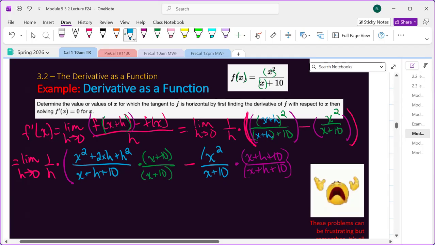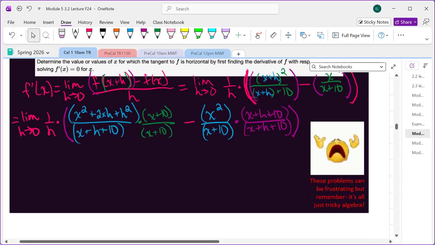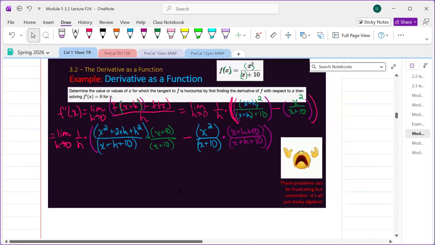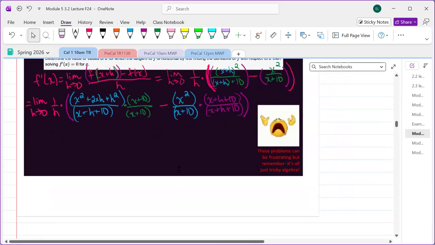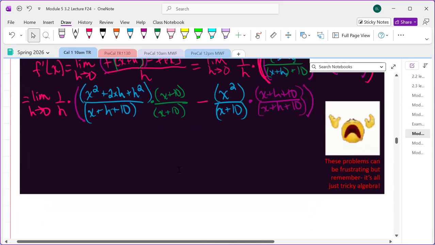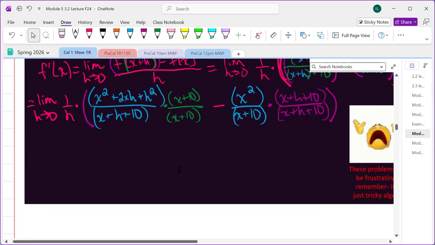All right, so let's put some parentheses back in here, just so we're doing safe math. Ugh.